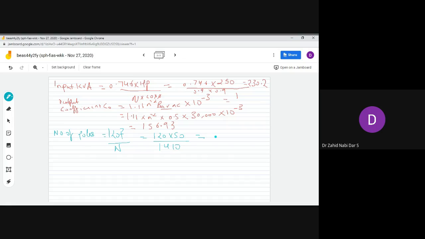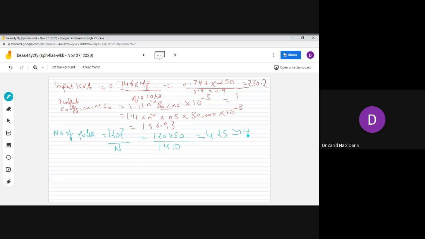Number of poles comes around 4.25. But can we take this 0.25? No, because the poles have to be an integer number. So the nearest number would be 4. P has to be an even number, poles cannot be odd, because they are always in pairs.